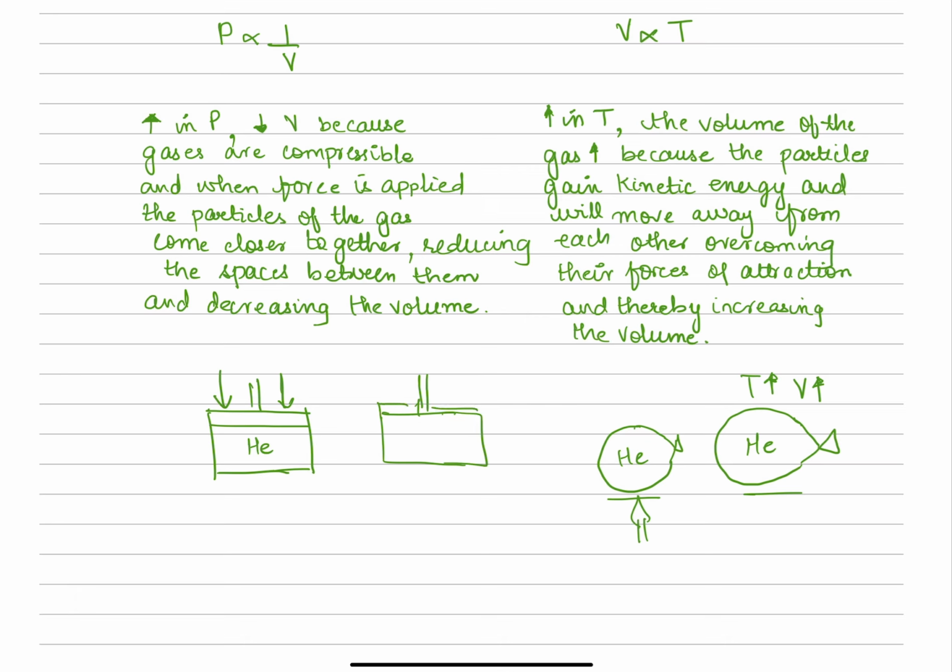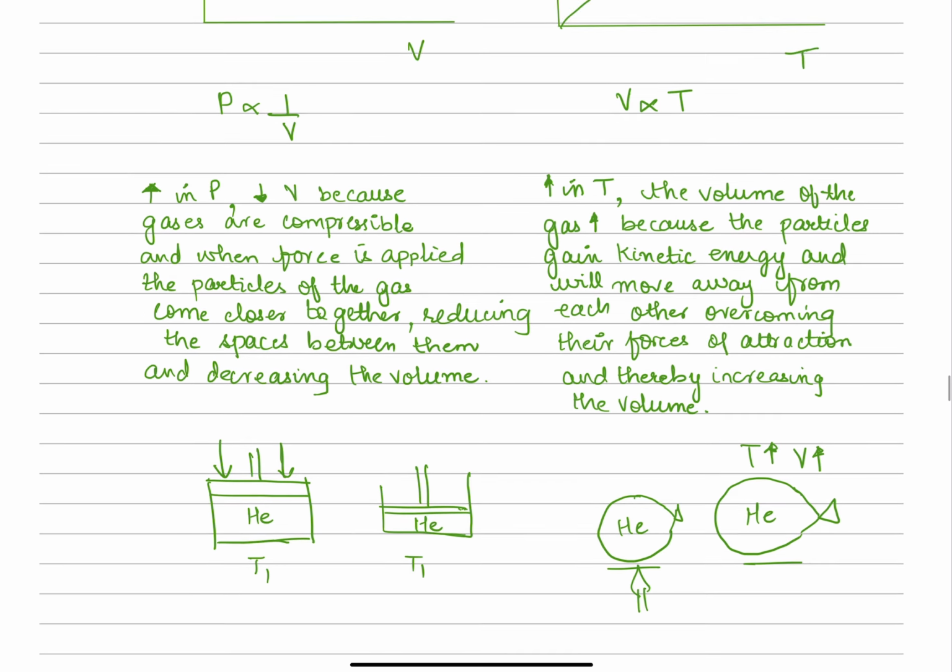So the piston will go down, will apply force, and the gas contracts. So increasing the pressure reduced the volume of the gas, but the beauty of it is the temperature here and here would be constant. Both will be T1. The temperature will be constant in both of the containers.